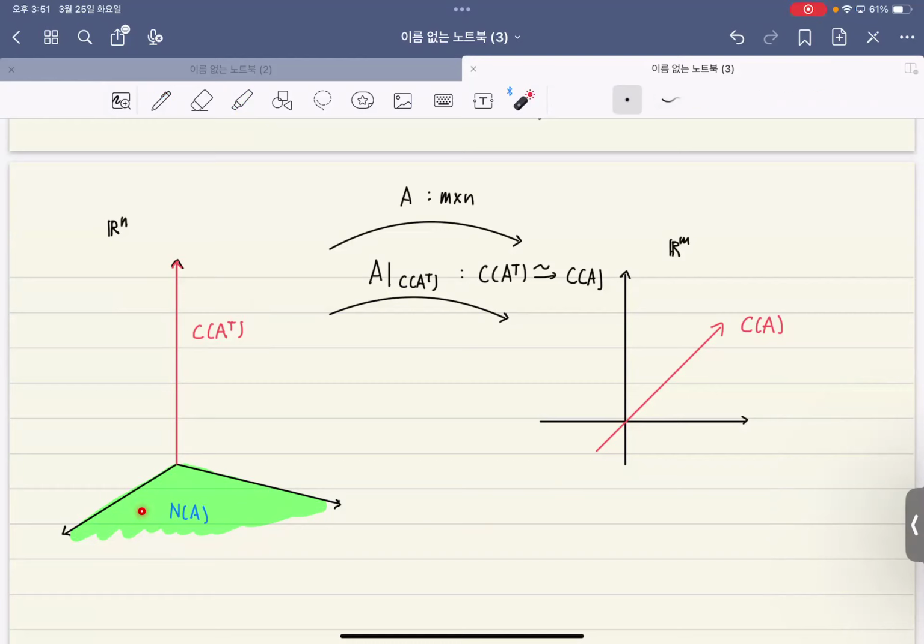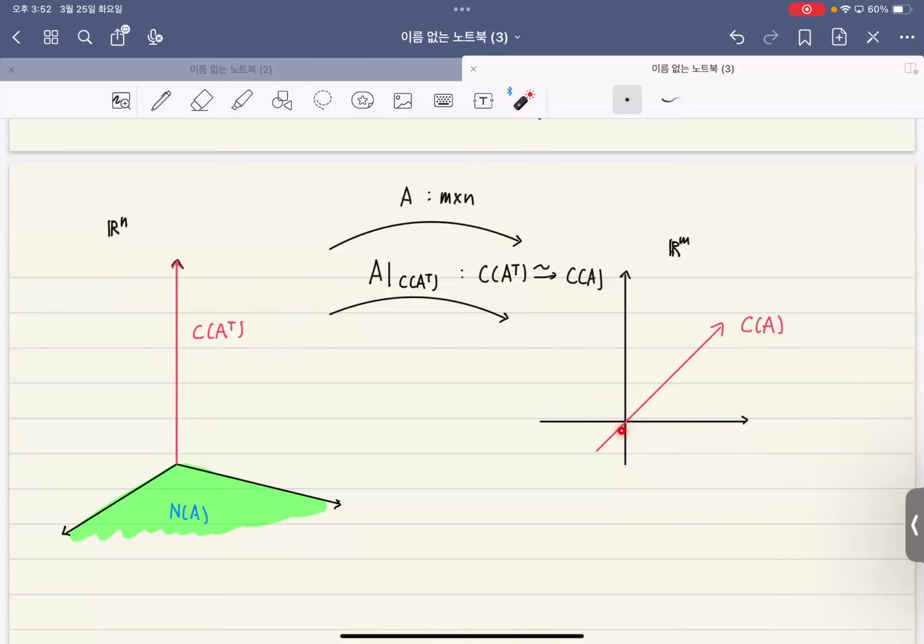And by the definition of the null space, every vector in this space should be mapped to the 0 vector right here under this linear transformation. What about some random vector? You have to decompose the vector as a sum of this component and that component. This component goes to somewhere over here, and this component should go to 0.